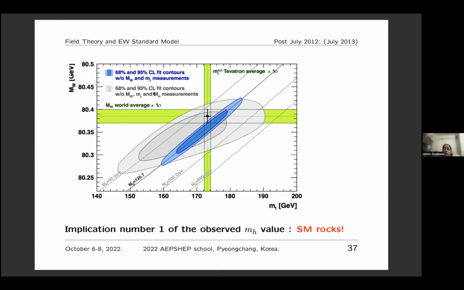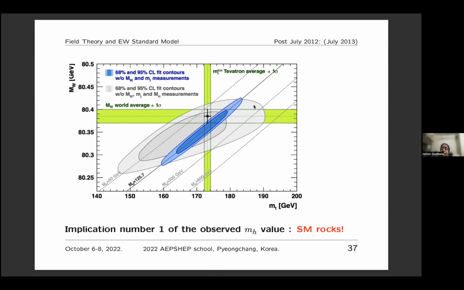But let me tell you that this outermost gray curve is actually a 95% confidence level fit contour for the electroweak precision measurements that we discussed in great detail, where you did not use the measured MW and MTOP values. You threw away those variables from your fits, and then you asked what is the range in which MW and MT should lie given the electroweak precision measurements?